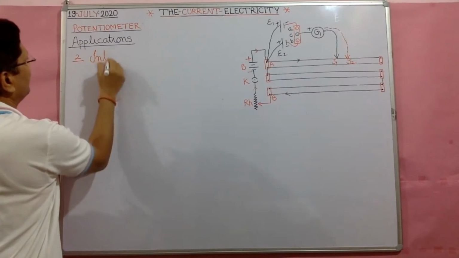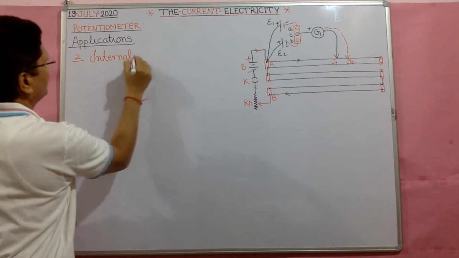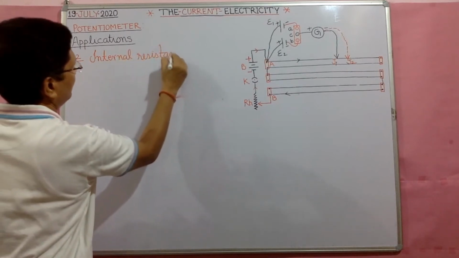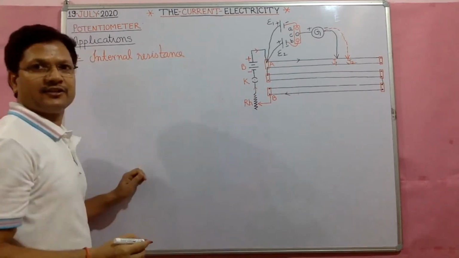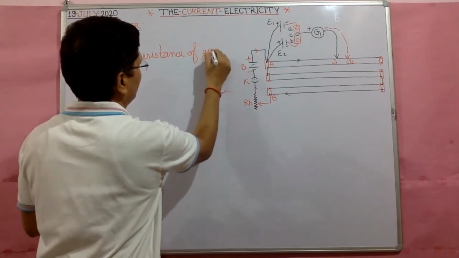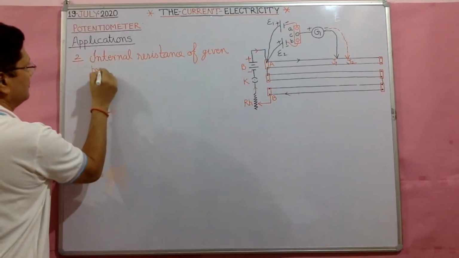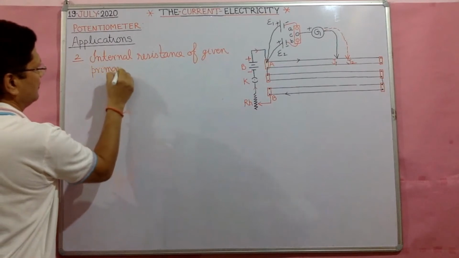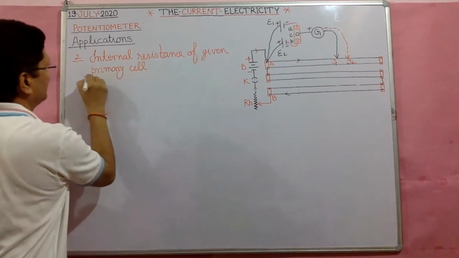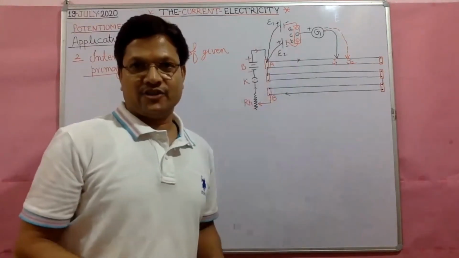Internal resistance of a given primary cell. There is a slight change in the circuit.